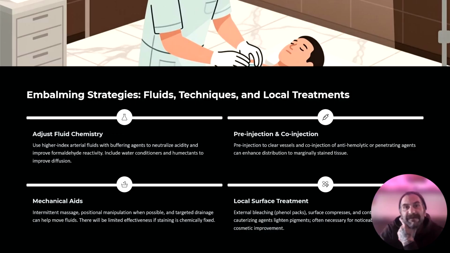You can use these to lighten, camouflage the discoloration, try and blend it more. These are all super important things to take into consideration before the viewing, during the viewing. Oftentimes, it usually comes down to cosmetics.